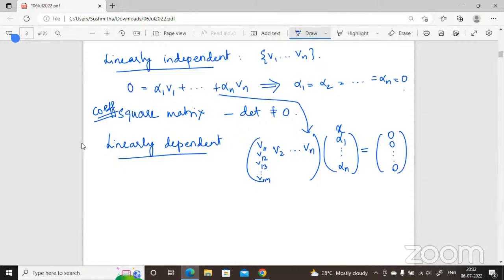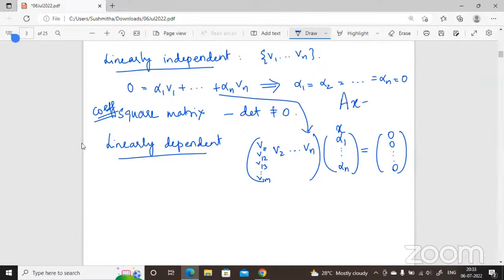Ma'am, after solving the linear combination, if I get alpha 1 to alpha n all 0, then I conclude that it is linearly independent. Yes, you want only the 0 solution. You're not allowed to have any other solution. All 0 is the only solution. And what about the determinant? Determinant comes into the picture when you have a square system.